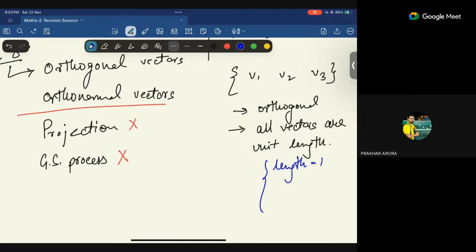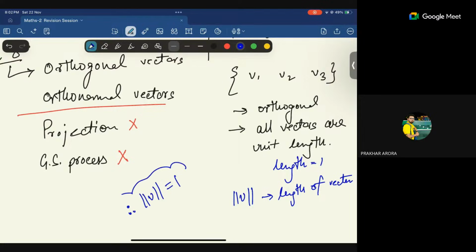How do you check the length is 1? I just told you in the previous slide that this means the length of the vector. We want this to be equal to 1. Therefore, this should be 1.